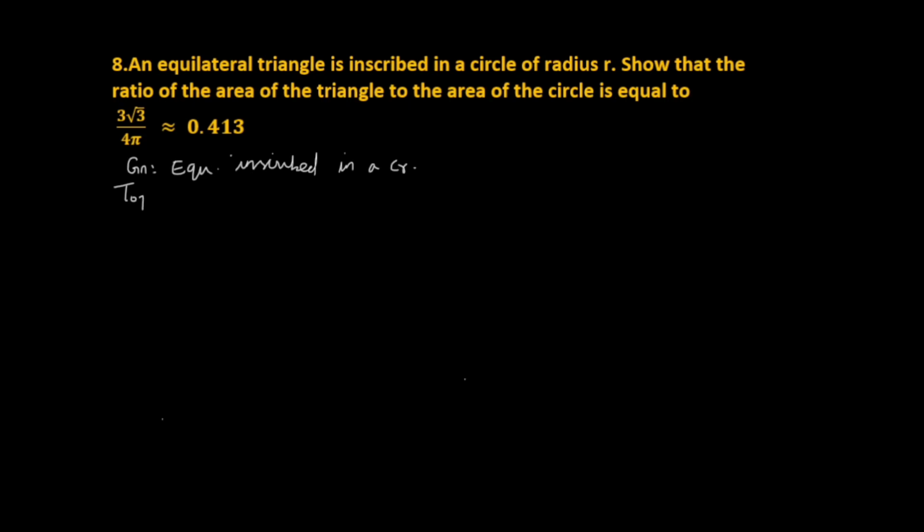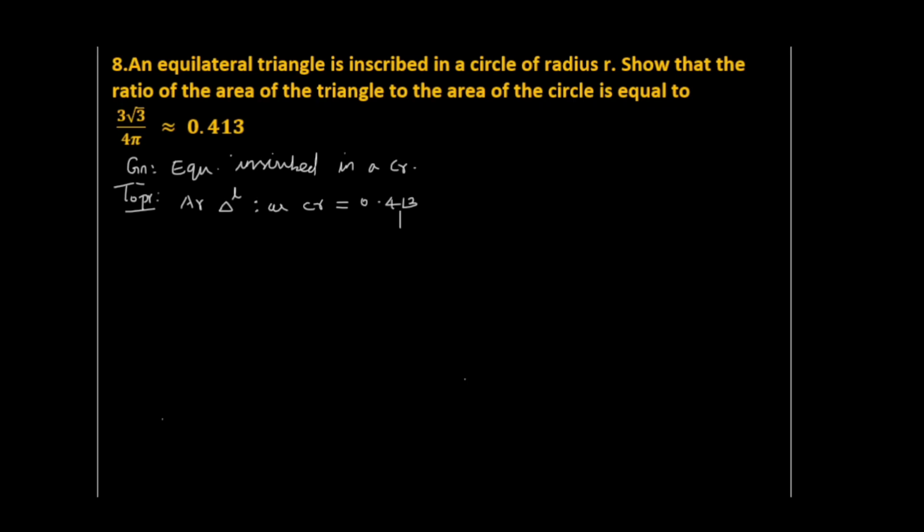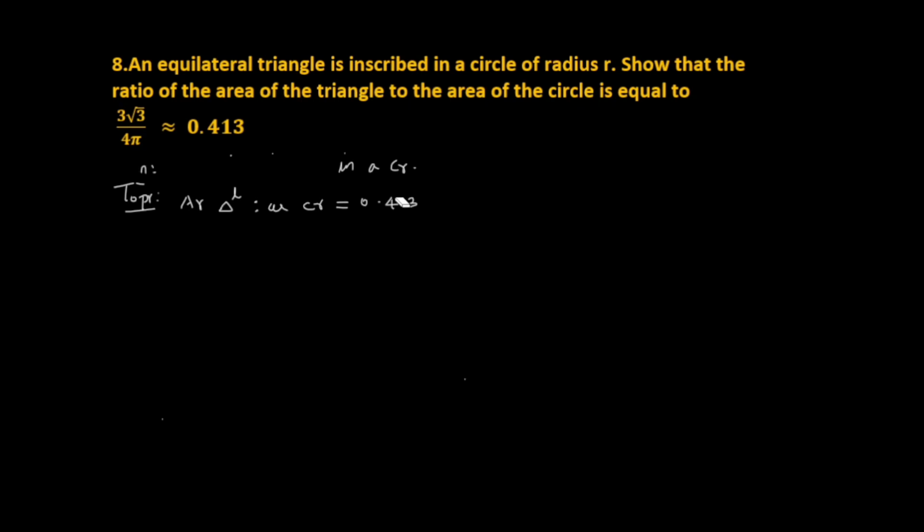We need to prove that the ratio of the area of the triangle to the area of the circle is 0.413. That is the thing we have to prove. Let's see that one. First take a triangle which is inscribed in a circle.